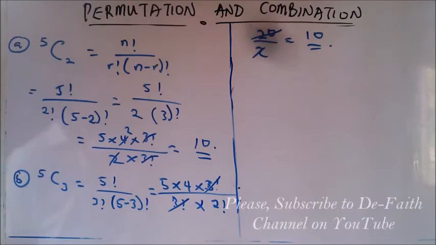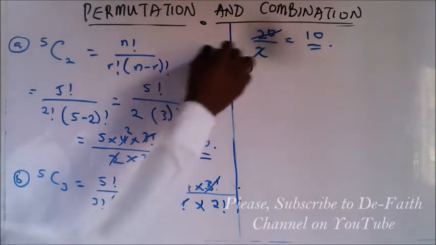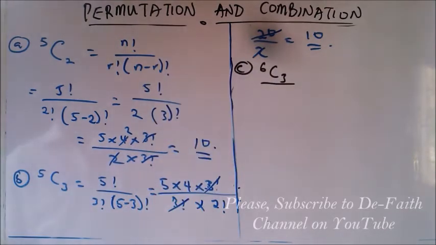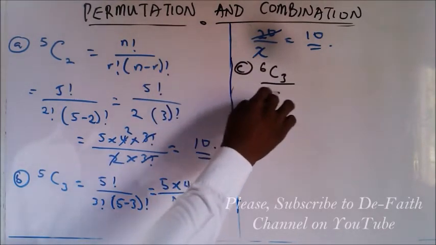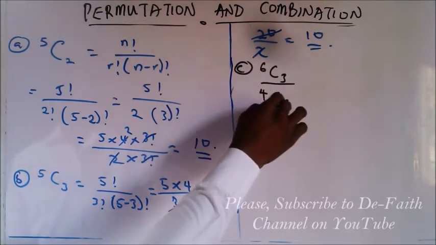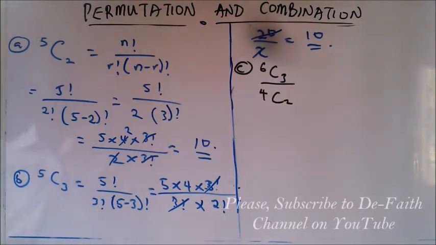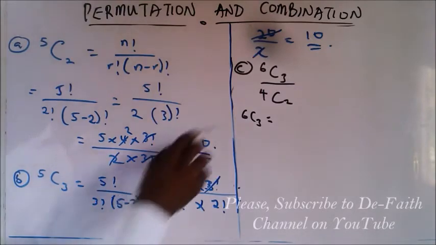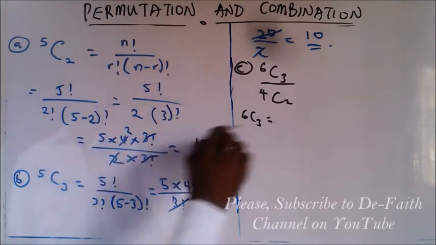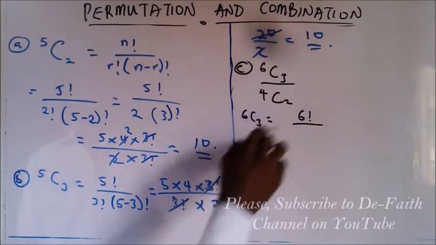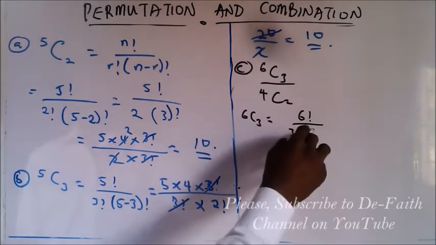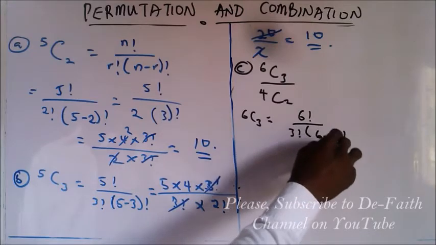We move on to the C aspect, which is 6 combination 3 divided by 4 combination 2. So let's go ahead with the first part, which is 6 combination 3. n is 6, so we follow this formula, which is 6 factorial divided by 3 factorial times (6 minus 3) factorial.